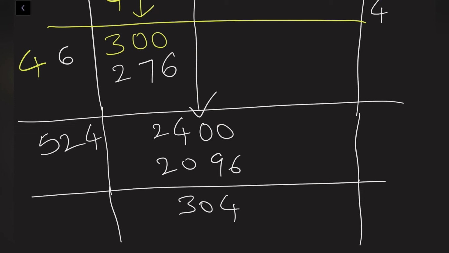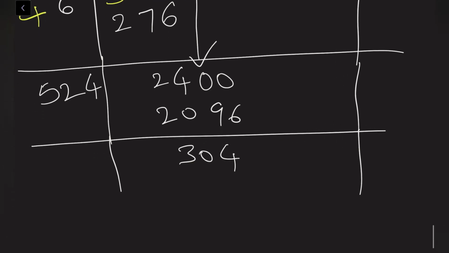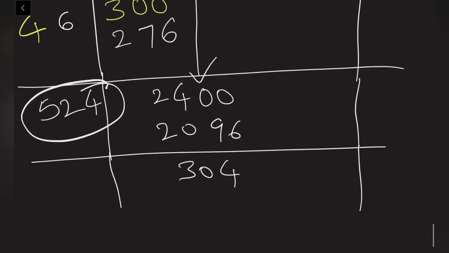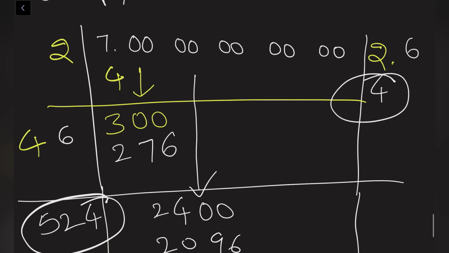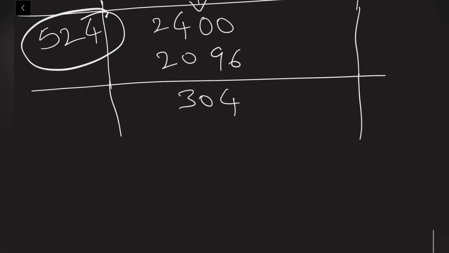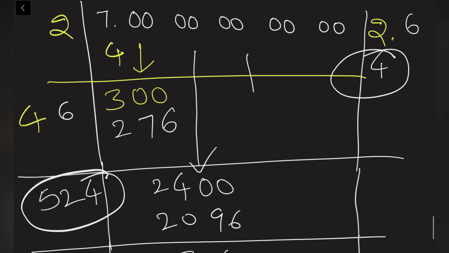Now again the same process we need to continue. That is 524 we need to add with the lastly written digit, that is 524 plus 4, which is nothing but 528. Now drop 2 more zeros again.